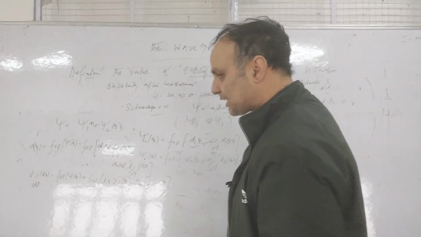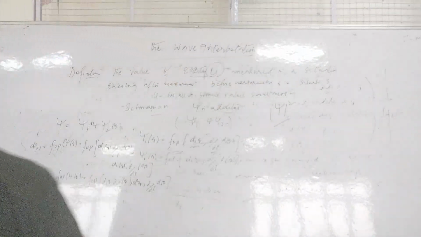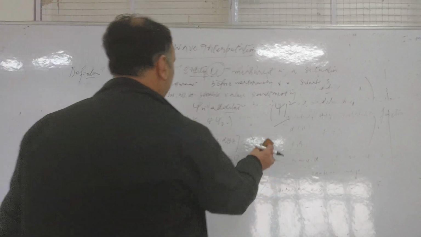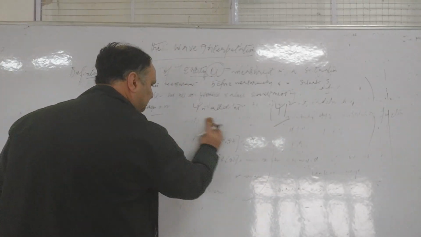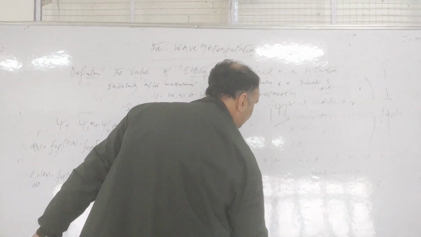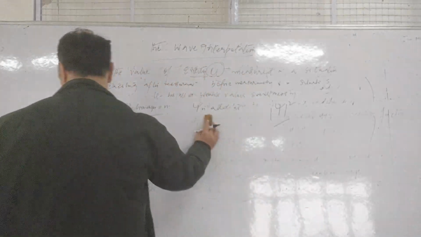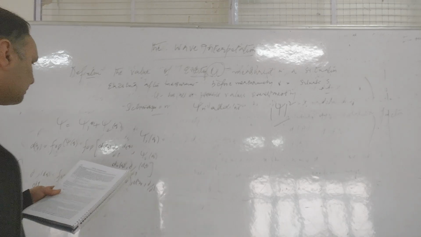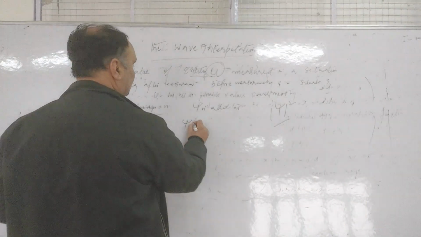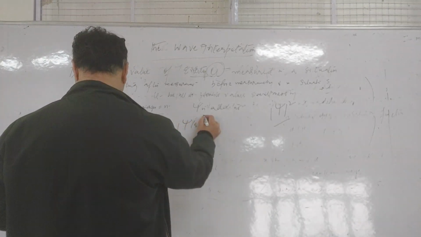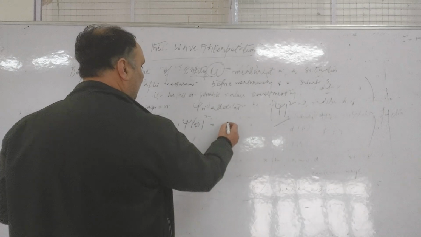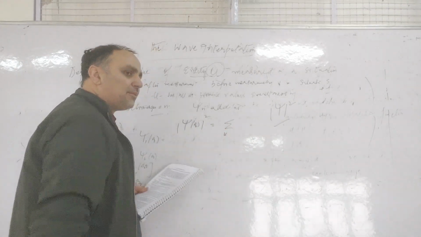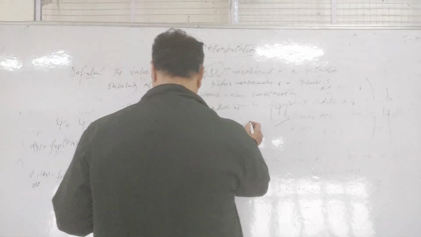So psi is the probability amplitude, so one of them can be the k state, another can be the m state.